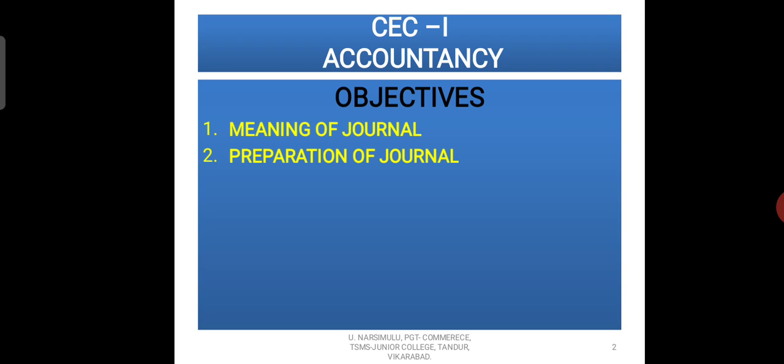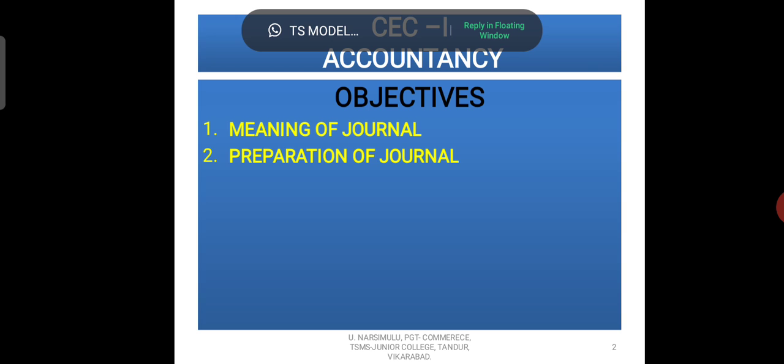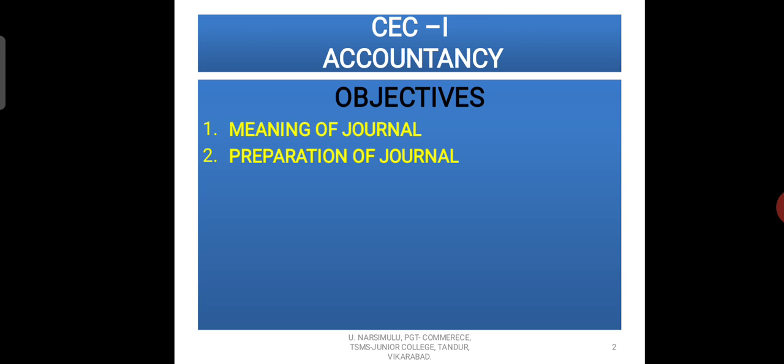A question may come like, what is the meaning of journal, or prepare a journal proforma. So you have to understand the meaning of journal and the procedure to prepare a journal proforma.